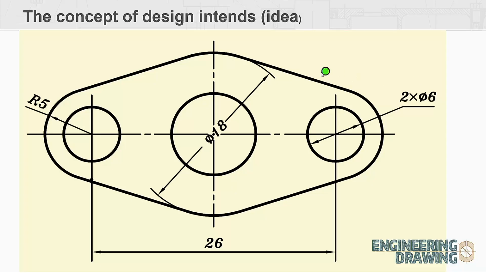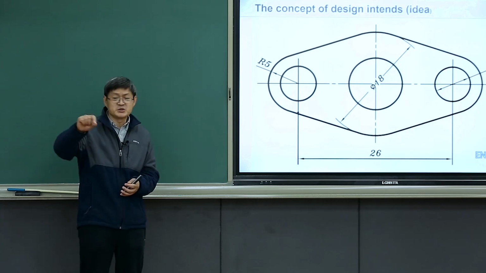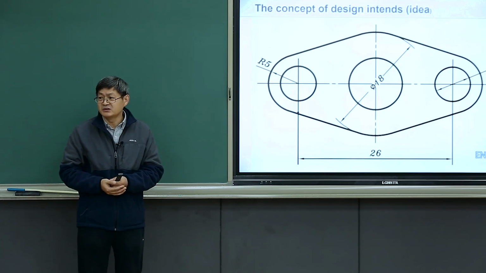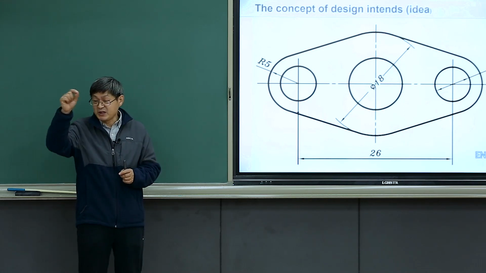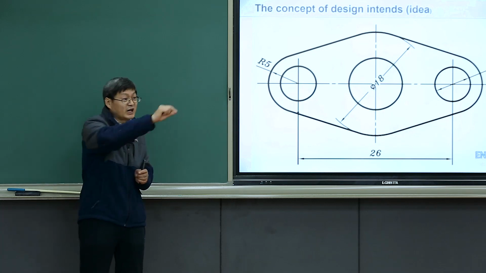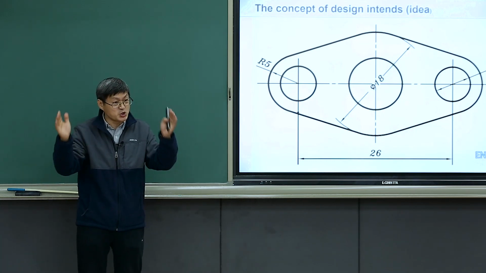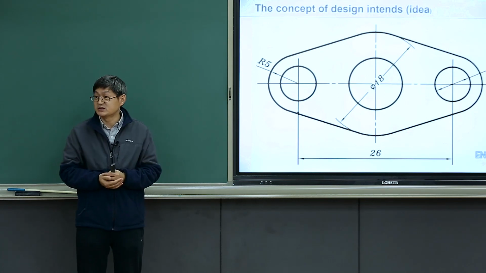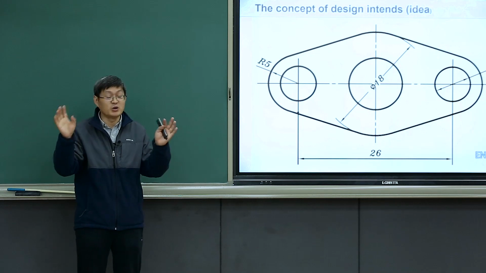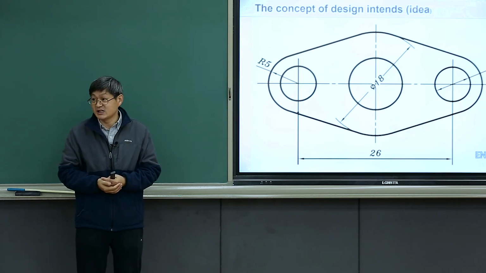For these two holes, we only dimension one with a number, that means these two holes are always exactly the same. When we make an equipment drawing, we just make two circles identical. But in parametric design, we make one circle, then another circle, and we add an equal constraint between these two circles, so that these two circles are always exactly the same in size.